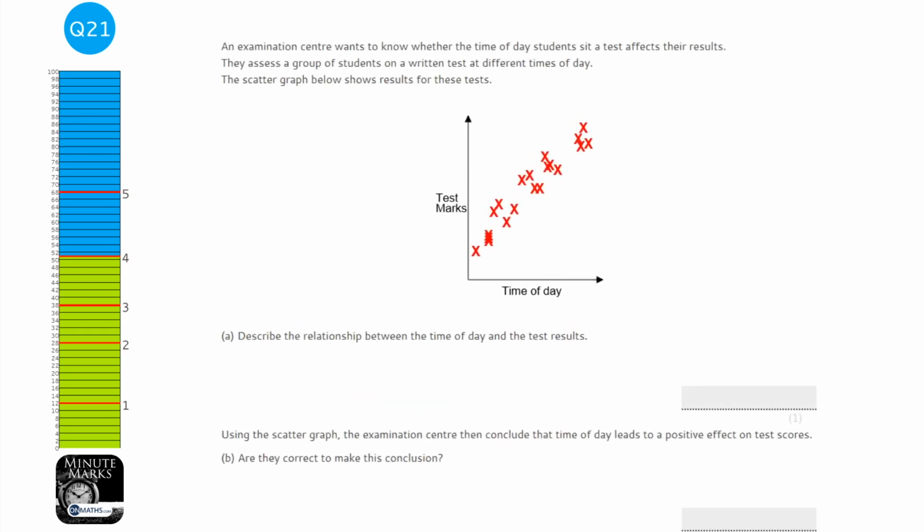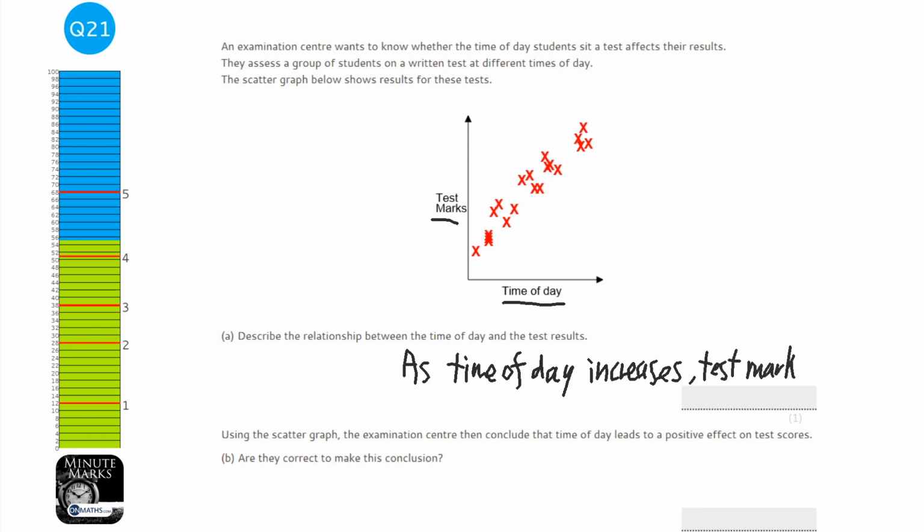When you're asked to describe the relationship between 2 things on a scatter graph, the sentence you need to write is, as this one increases, this one either increases or decreases. So as time of day increases, test marks, and because they're going up, it's a positive correlation, test marks increase.